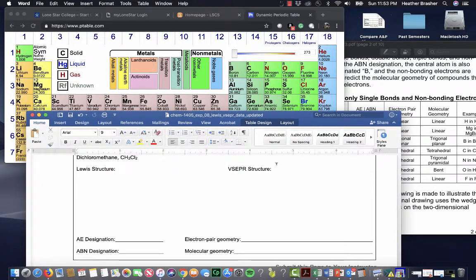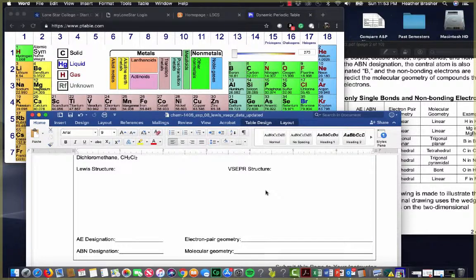Move this up a little bit. And let's go here. So we have dichloromethane. So we have a carbon. We have a hydrogen. And we have a chlorine. So the carbon is 4.